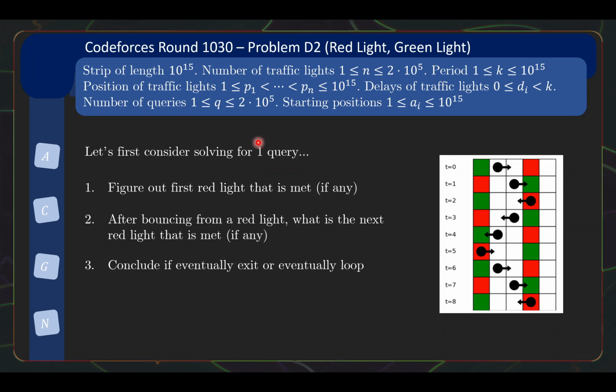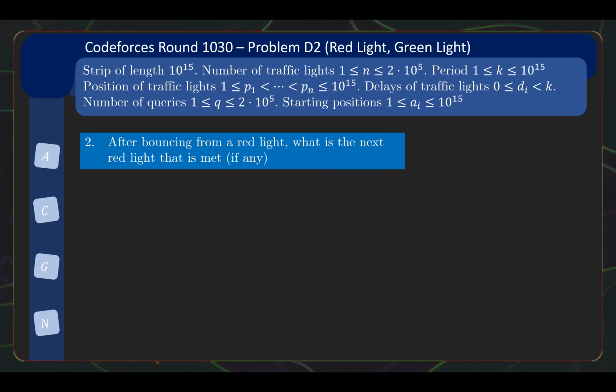Then n times q is going to exceed the time limit. So we need to do better than this. But nonetheless, let's first figure out how to do step 2, which is the crux of this whole thing. You need to figure out, after bouncing from a red light, what is the next red light that you will meet, if any. So how do we do this?